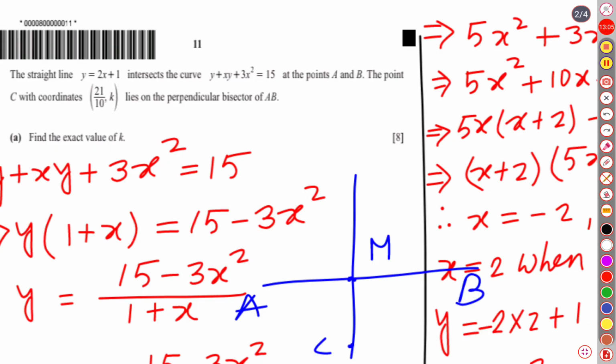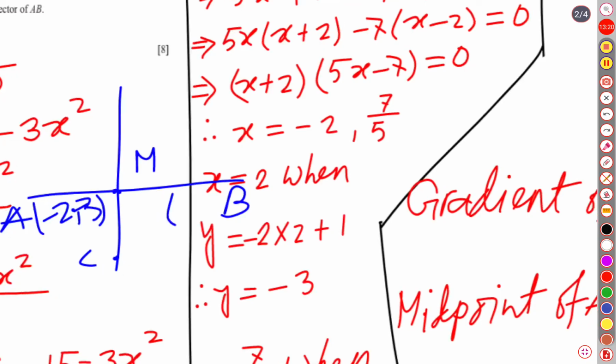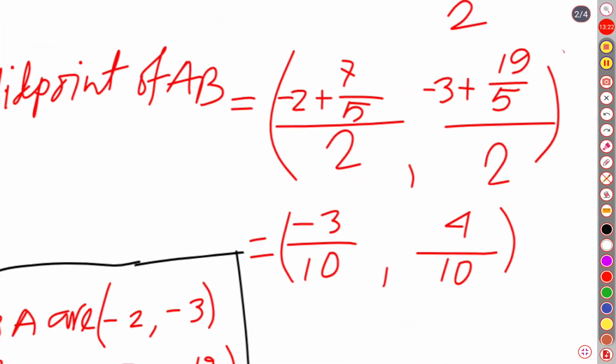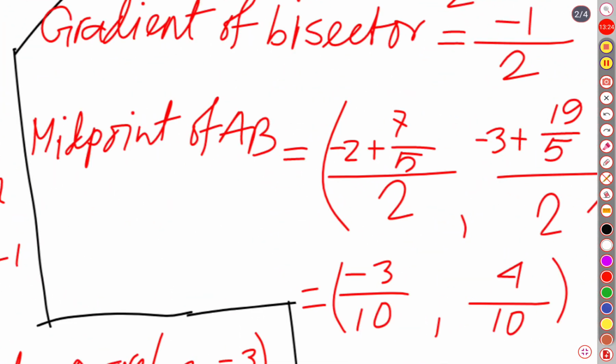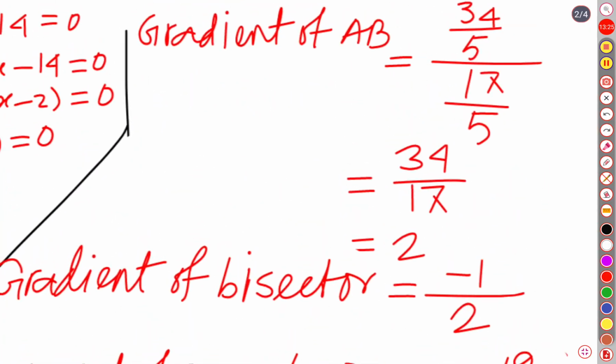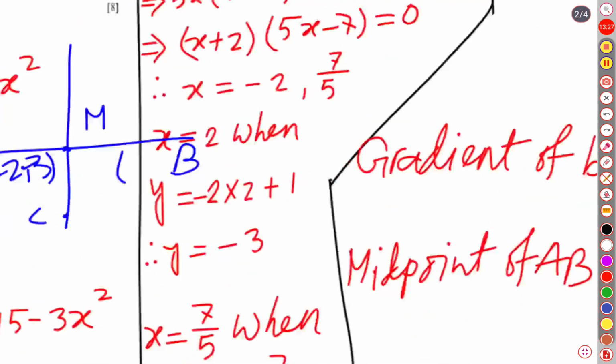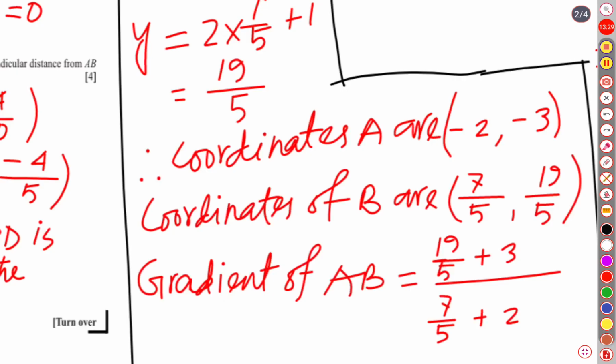Okay, now the coordinates of A are negative 2, negative 3. And the coordinates of B, what was the coordinate of B? We have got it here. Yes, the coordinates of B are 7 over 5, 19 over 5.